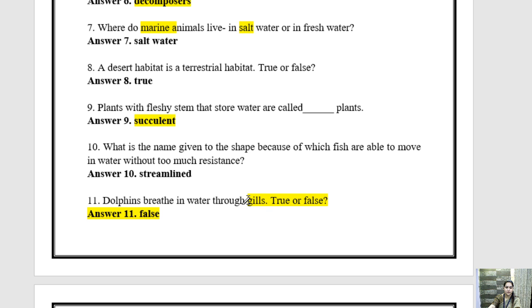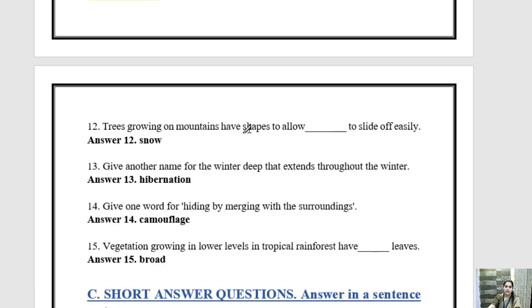12. Trees growing on mountains have shapes to allow snow to slide off easily. Yes.